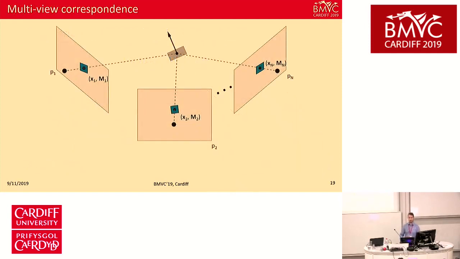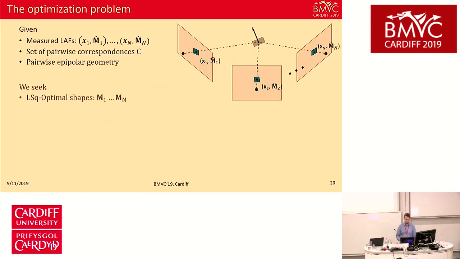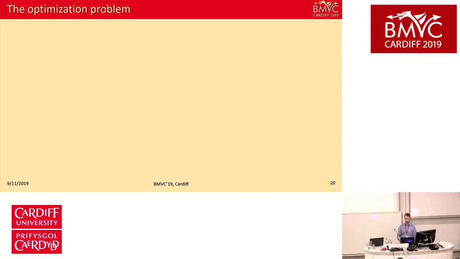So given a multiple view environment, we can impose on the shape of our features all the epipolar constraints we have, pairwise. So we have a lot of constraints on our shapes. So we can formulate then an optimization problem.